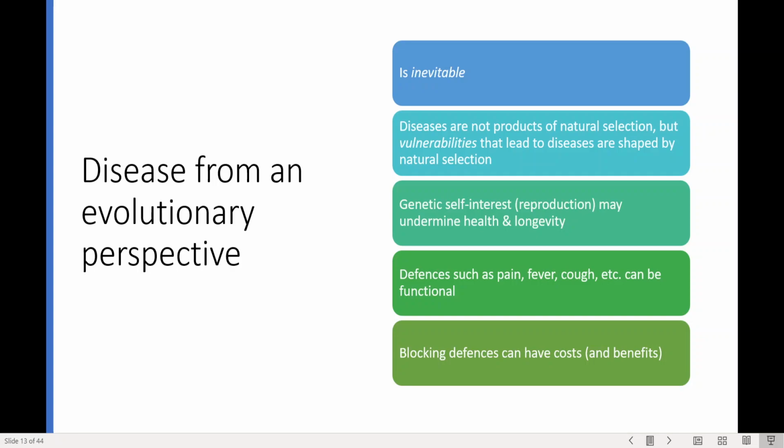We also have to think about that defense mechanisms such as pain, the sensation that you have when experiencing something unpleasant, or fever, or coughing, or other reactions are actually useful. They are functional.